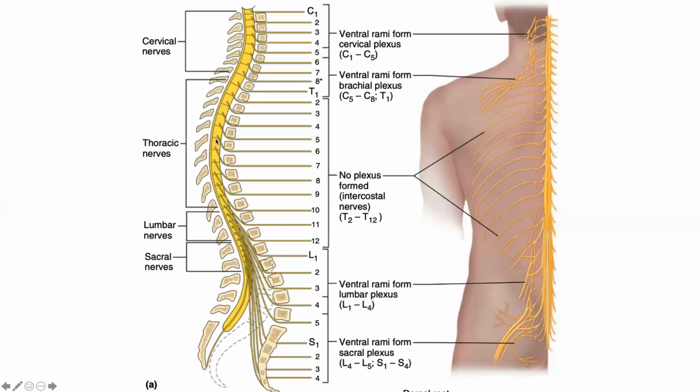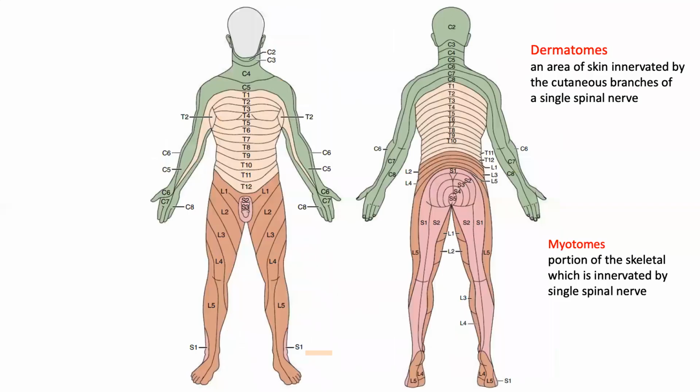In the thoracic region, we have 12 thoracic vertebrae and only 12 thoracic spinal nerves. In the lumbar region, it is the same: we have 5 lumbar vertebrae and only 5 lumbar spinal nerves. These spinal nerves carry motor and sensory fibers. And we talk about dermatomes.